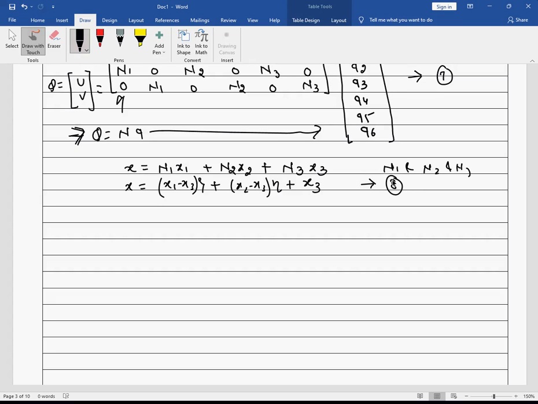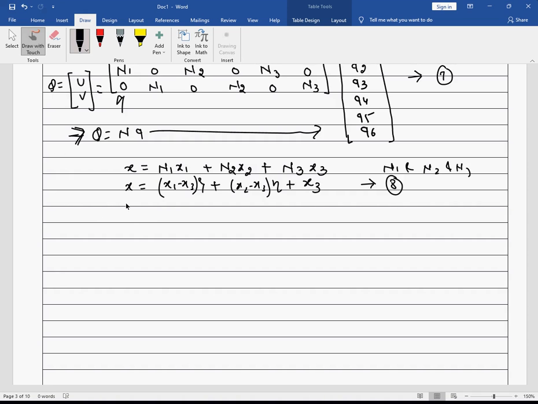So if you are able to understand this equation number 8, you can type 8 please. Okay.